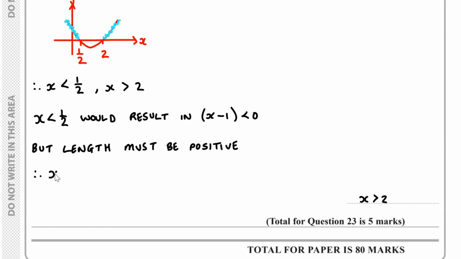So therefore x being greater than 2 is the only solution.